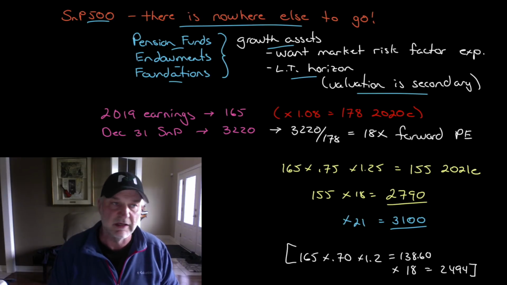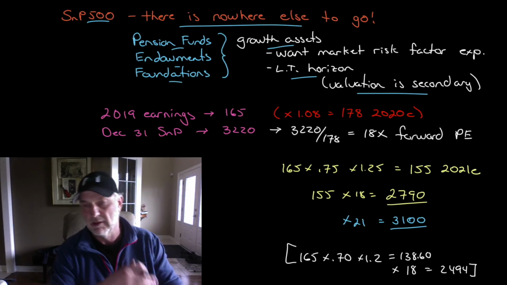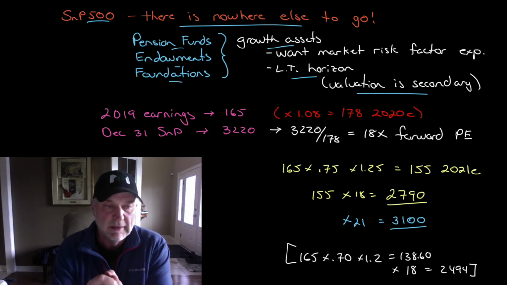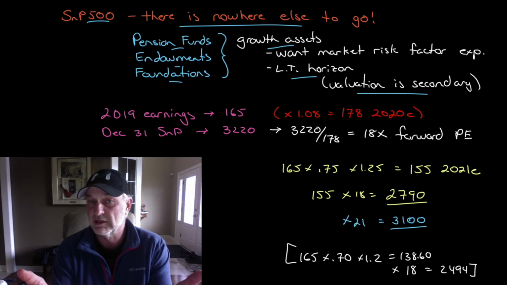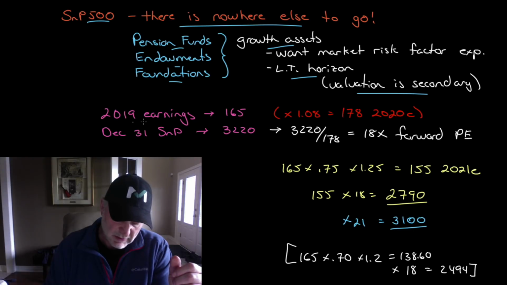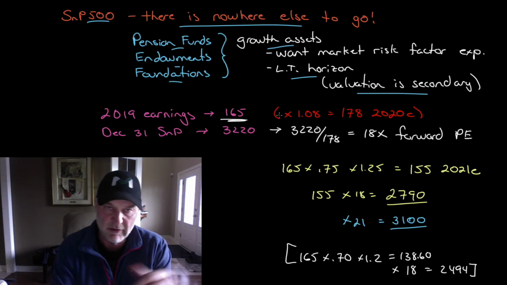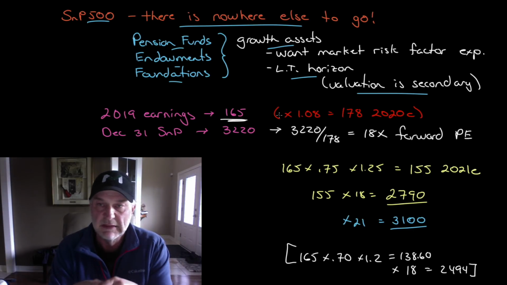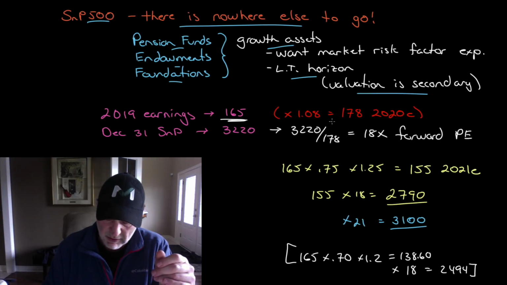Valuation is secondary. But while we're at it, let's look at valuations, and then we'll do a little bit of a history lesson. Maybe we can get to the conclusion that a multiple of 21 to 22 might not be unrealistic in a normal market. Let's see what happens here. 2019 earnings on the S&P 500 were about $165, and the market ended December 31st, 2019 at 3,230.